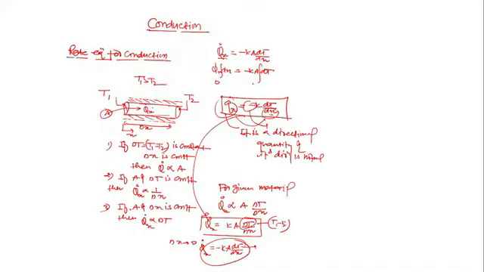Now when x equals x1, temperature is T1. At x equals x2, temperature is T2. Then Q dot x into x2 minus x1 is equal to minus k into A into T1 minus T2. This is plus sign. Then Q dot x is equal to kA into delta T upon delta x, that I have written in the last lecture.